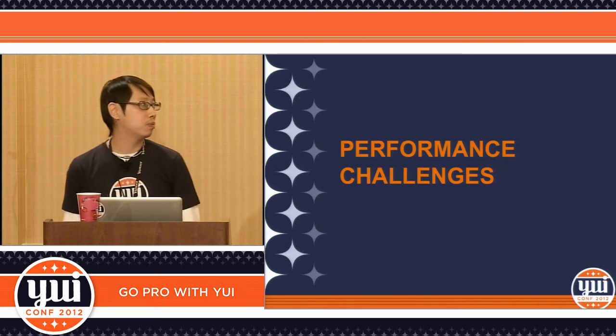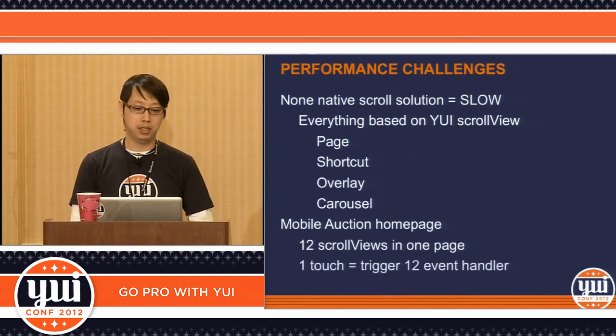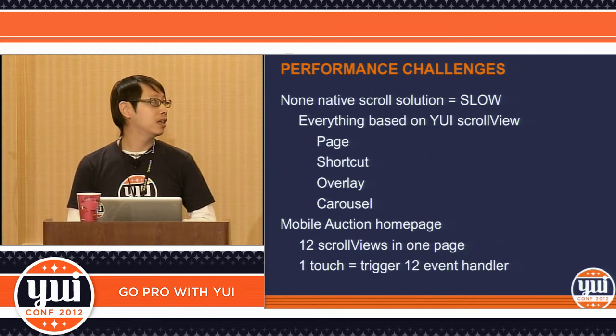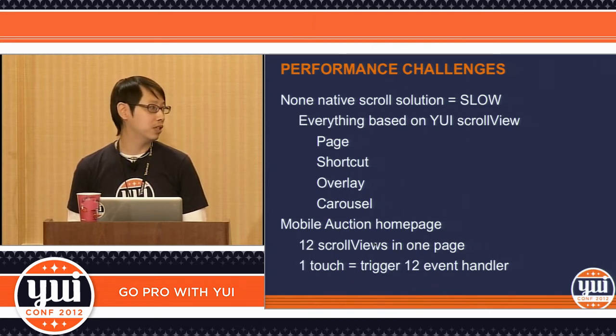Here come some performance challenges. The first one is the scrolling performance problem. Because we use a non-native scroll solution, it's a little bit slow. For example, in our mobile Ocean homepage, we have 12 scroll views in one page.